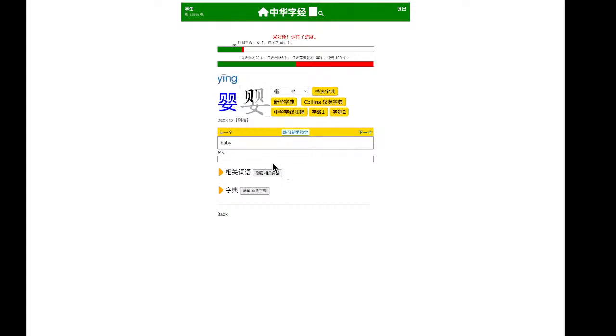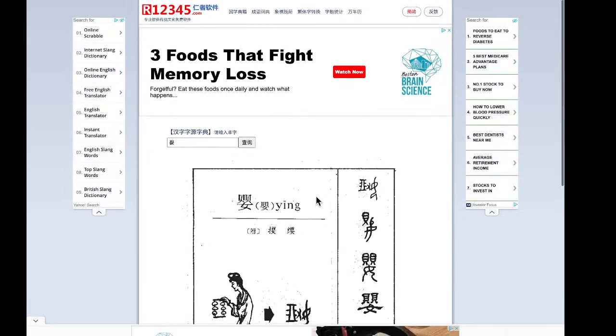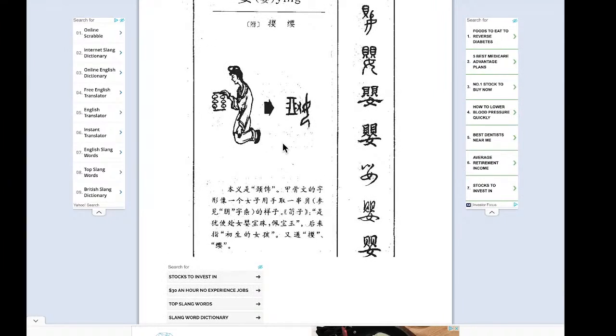This is a very, very simple character, simply means baby. And if you look at the original form, you can see that this is a lady, a woman, holding something.